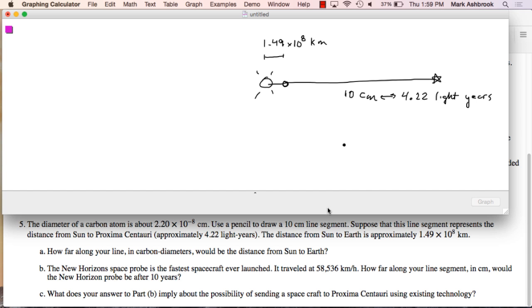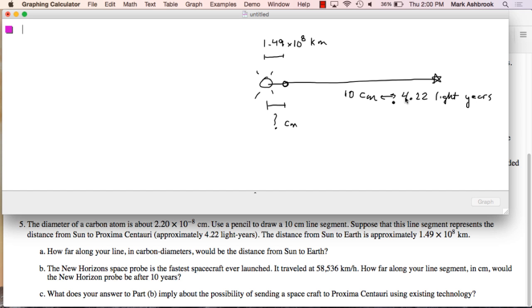So we need to figure out, first, how many centimeters this is on our segment. So let's figure out how many centimeters that is.